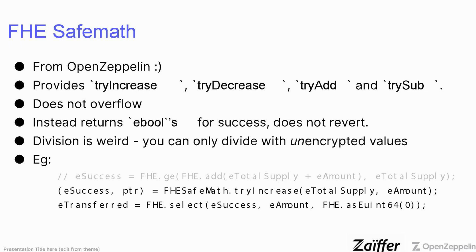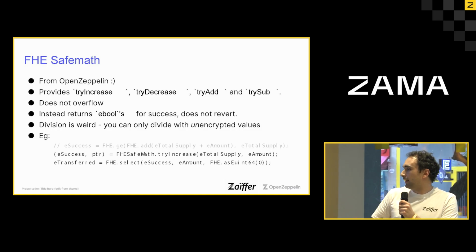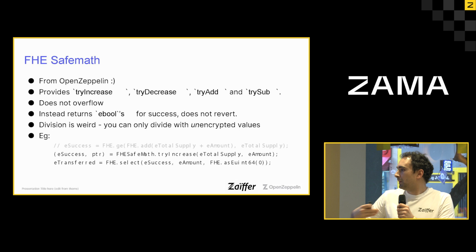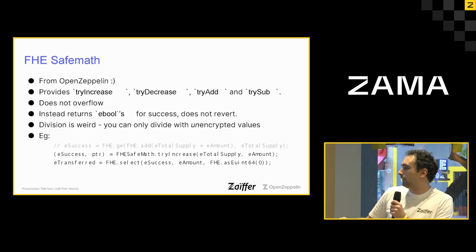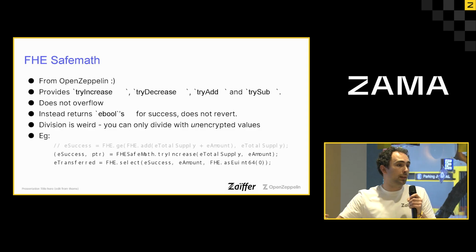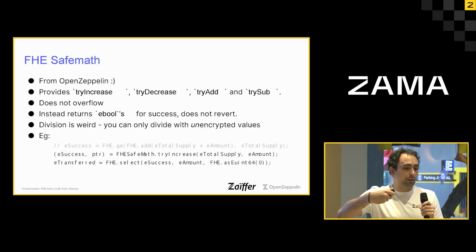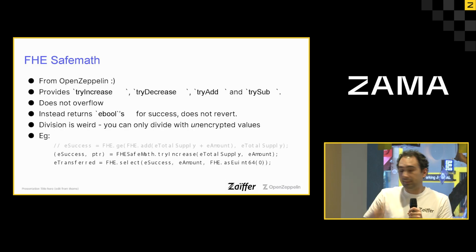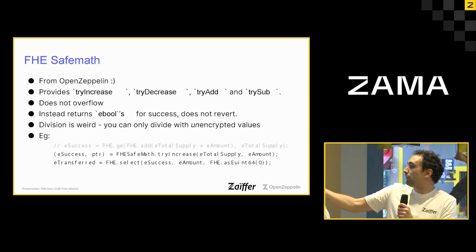Then what I can do is condition on this value. Here, for instance, I'm increasing the total supply. If my encrypted total supply overflows, I'll have a faulty encrypted success result, and in the transfer amount I'll actually transfer 0. I have to transfer 0 since, first, I cannot revert at this point, and second, I don't actually know the value of this addition.